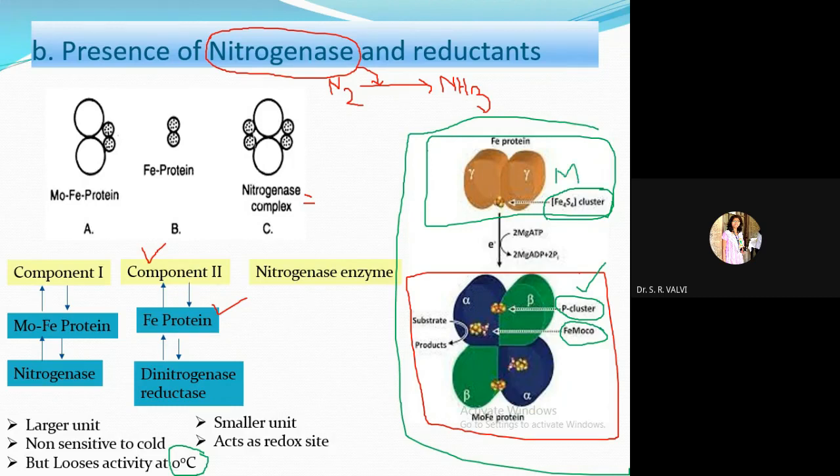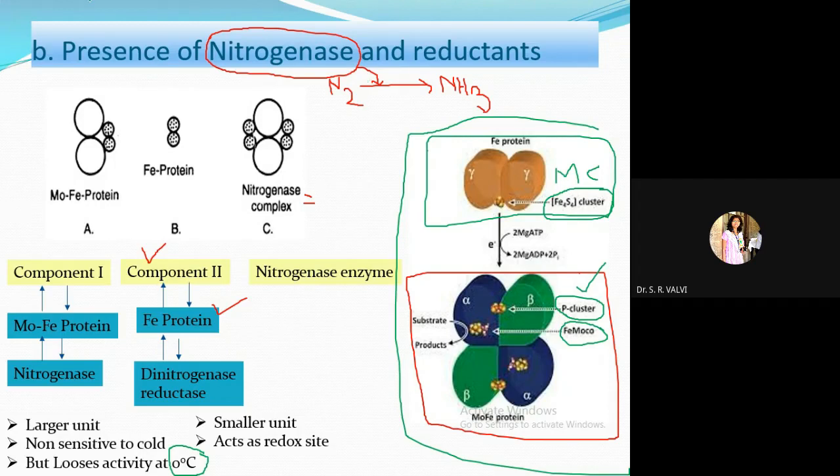This cluster is also called what? M cluster. So the P cluster is present in MoFe protein, or the larger subunit, whereas the M cluster or Fe4S4 cluster is present in the smaller subunit. So this is the structure of nitrogenase.